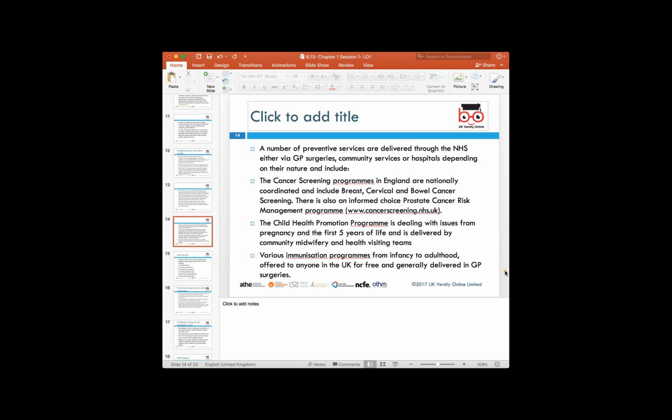And the idea here is that if something has been identified as an area of concern, then there are other organizations which are brought in to facilitate the delivery of these services apart from the NHS, and they help in creating a national coordinated response towards some of these serious areas which need to be tackled because they are life-threatening conditions.